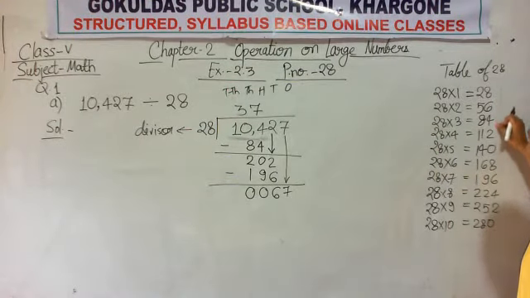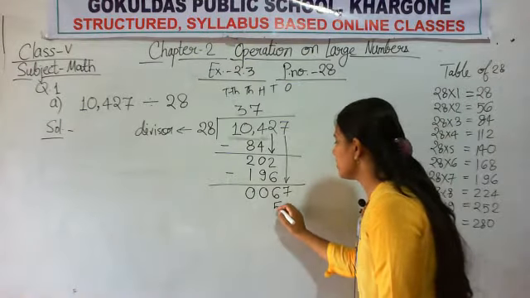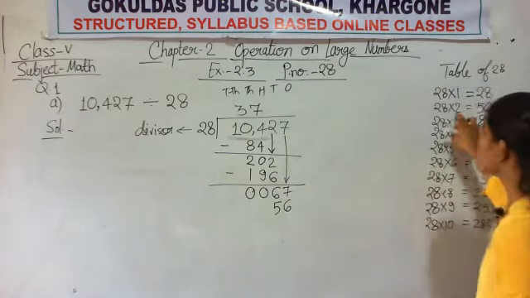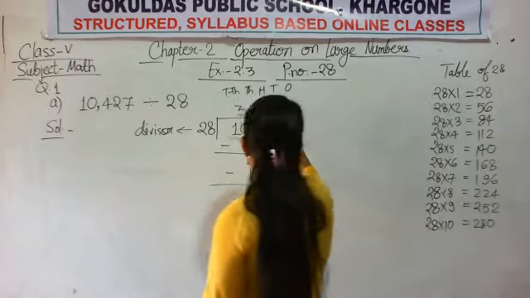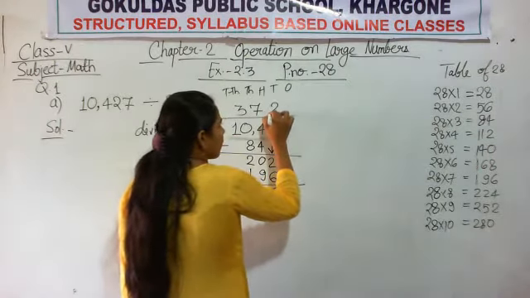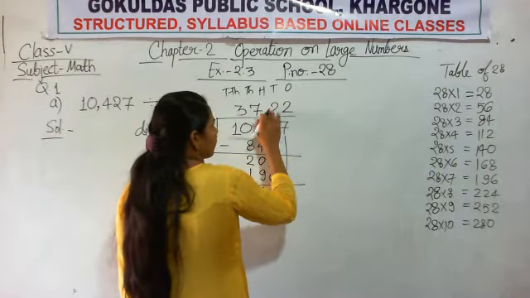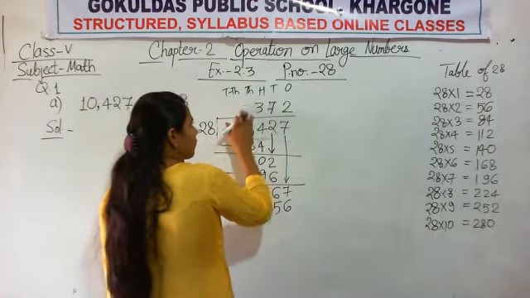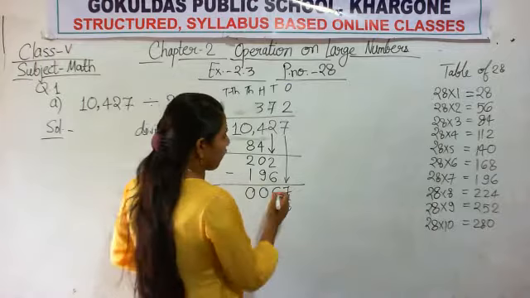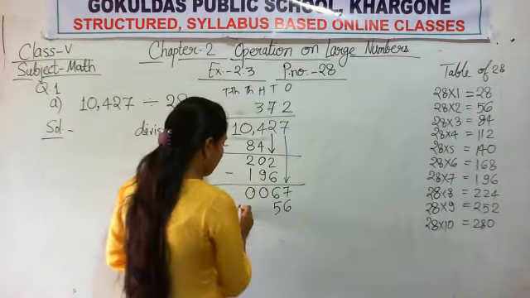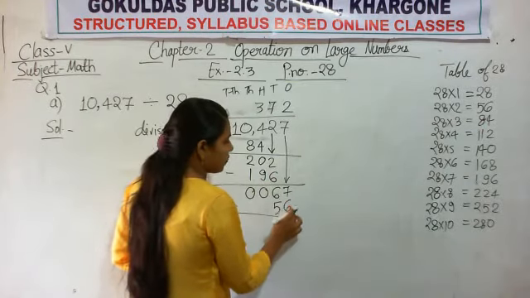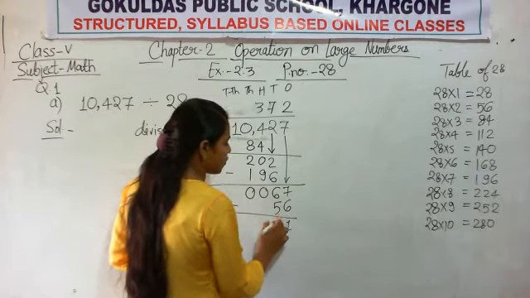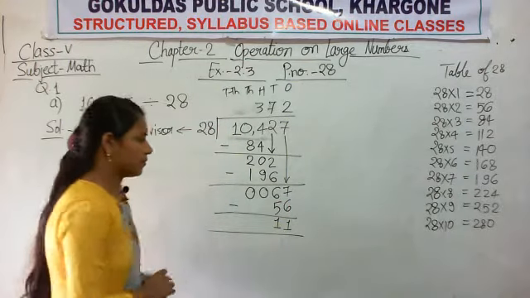A lesser number than 67 is 56. 56 comes in 2 times, so you have to write the 2 over here. Now subtract. 7 minus 6 is 1. 6 minus 1 is 1.